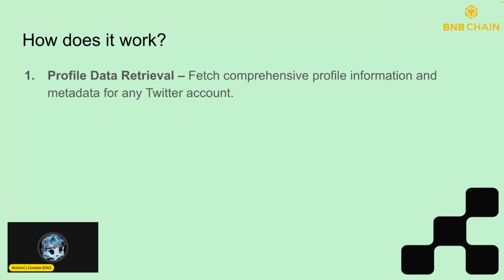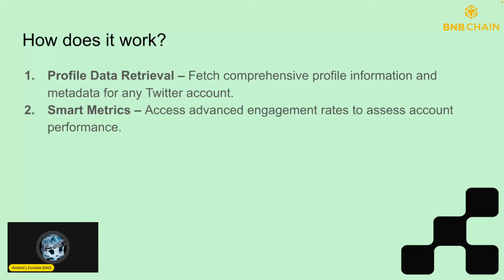So how does it work? There are a lot of data points, and I will cover some of these. The first one is profile data retrieval: we can fetch profile information and metadata for any Twitter account. The second one is smart metrics: we can see more advanced engagement rates to assess account performance.